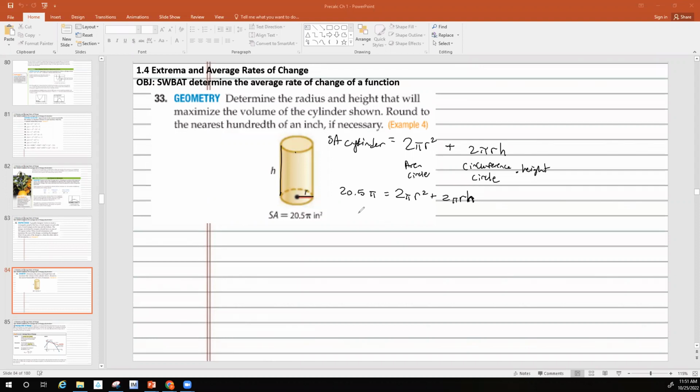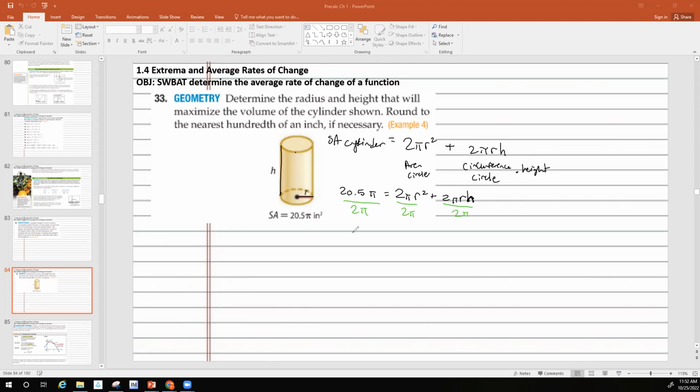All right. How can we simplify this? Well, notice that we have a pi, and we got a 2 and a 2. So let's divide everything by 2 pi, just so we can make some smaller numbers. Do you have to?